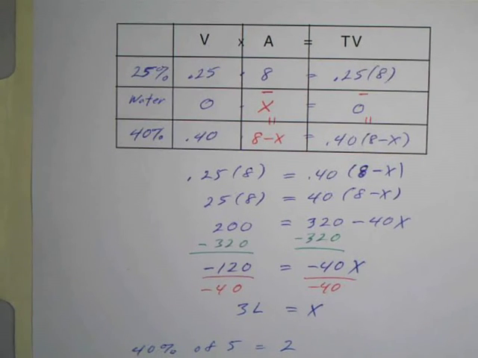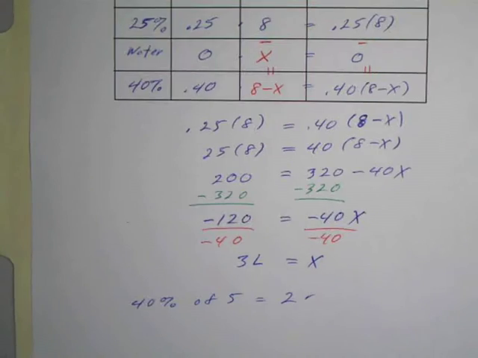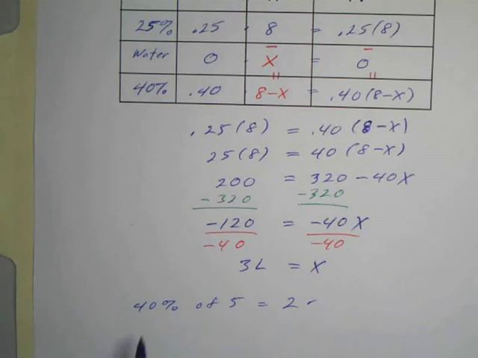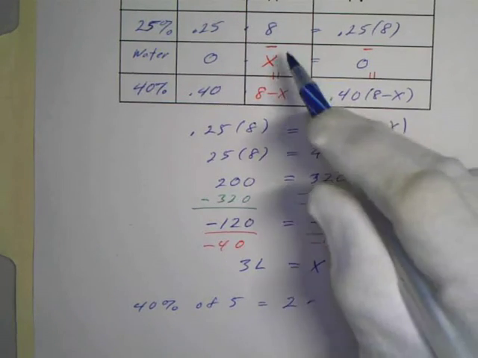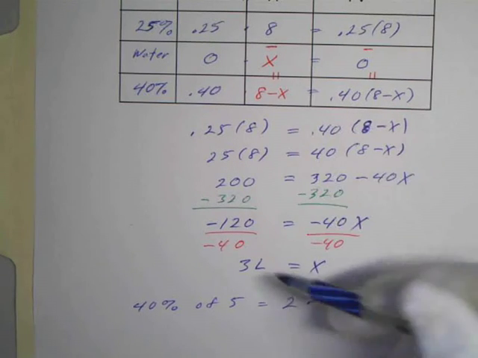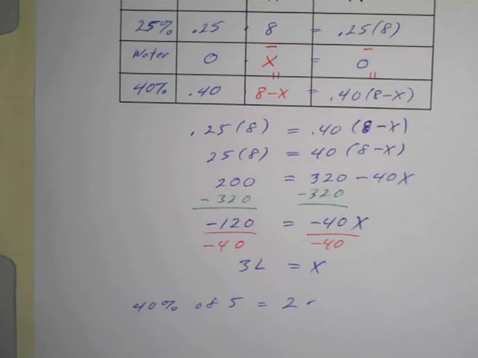That makes sense. 10% of 5 is 0.5. 4 times that would be 0.5, 0.5, 0.5, 0.5, which would be 2. So it checks out, so you can check it out easily. All right. So 40% of my 5, because we started with 8 liters. 8 minus 3 is 5. So it checks out. Okay.